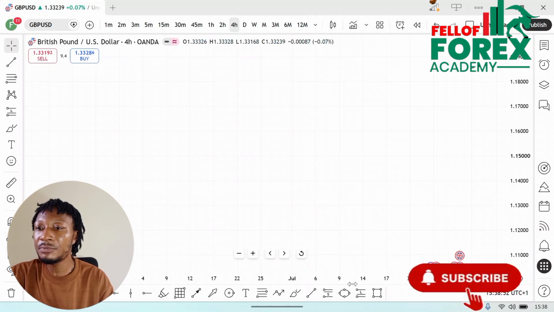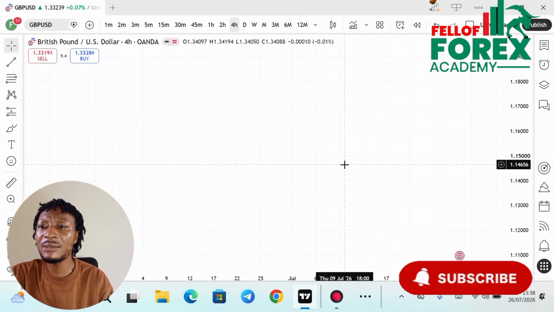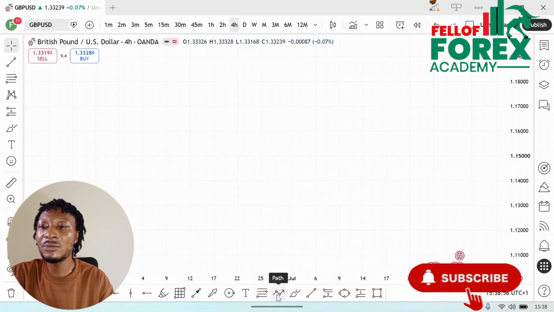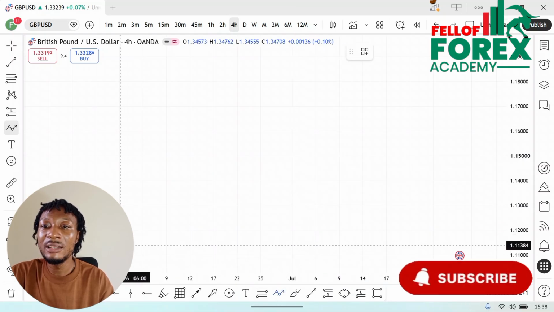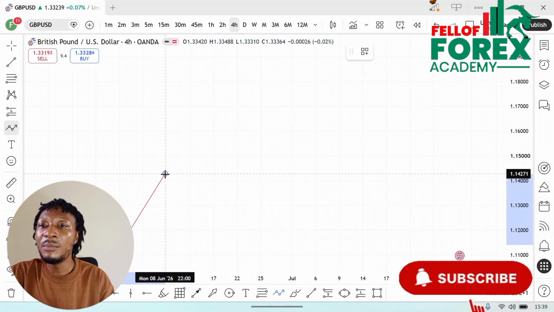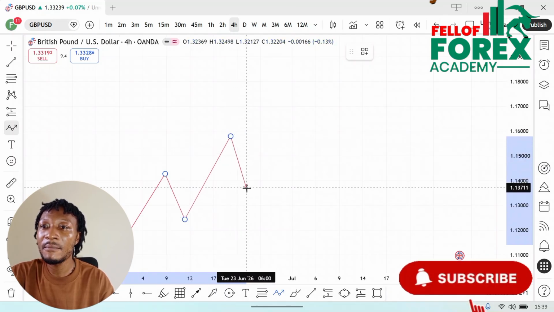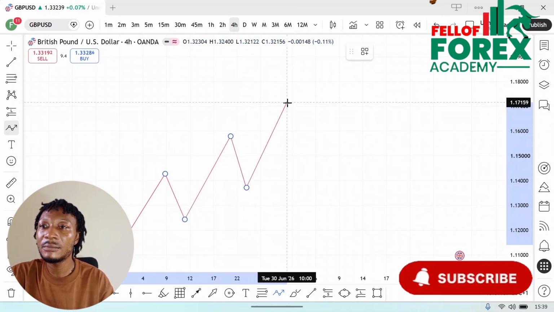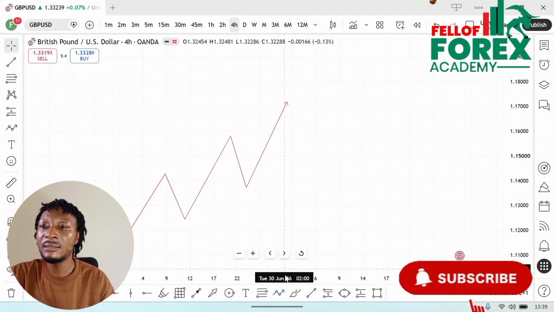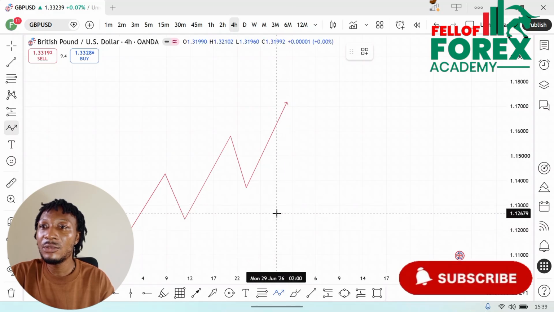Okay, so I will show you something. Let's start with the line charts. I always love to explain using the line charts. Let's take, for example, the monthly is giving you this, an uptrend, and maybe the daily, you see something like this.